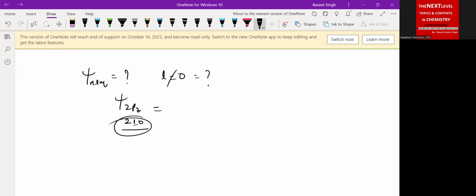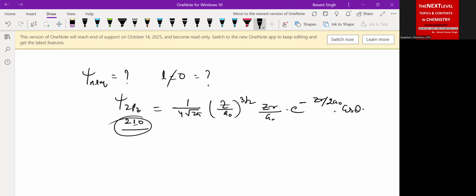The normalized wave function of the 2pz state is 1 by 4 root 2 pi into z by a naught to the power 3 by 2 into zr by a naught into e to the power minus zr by 2a naught into cos theta.